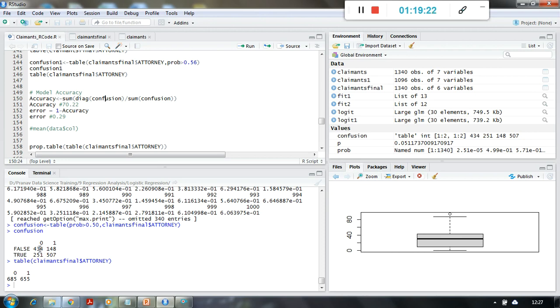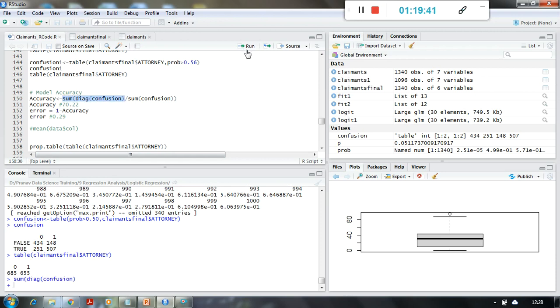So this is going to be the diagonal of the confusion, which means 434 plus 507, divided by the summation of the entire confusion.